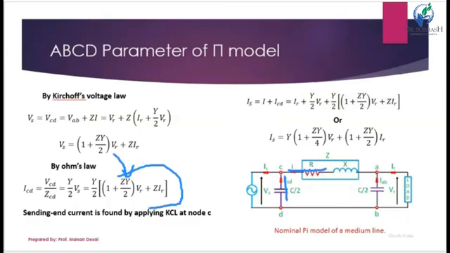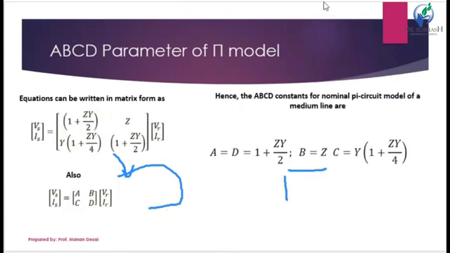Now the ABCD parameter equations can be written in matrix form as VS, IS is equal to the matrix 1 plus ZY by 2, Z, Y times 1 plus ZY by 4, and 1 plus ZY by 2, multiplied by VR, IR.